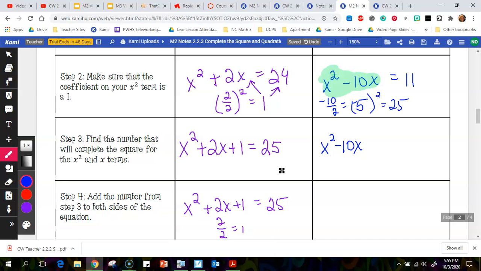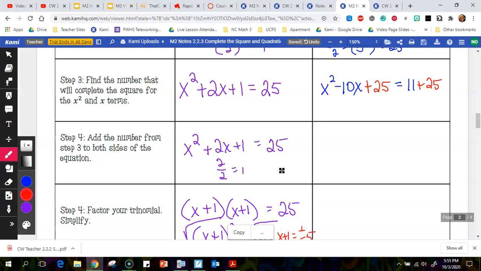That's 25. So now I'm going to add 25 to this side. Well, if I add 25 here, I have to add 25 here also, equals 11 plus 25. So I added 25 to both sides. The reason I did that is because on the left side, I want to get a binomial that I can square so then I can finish solving this.